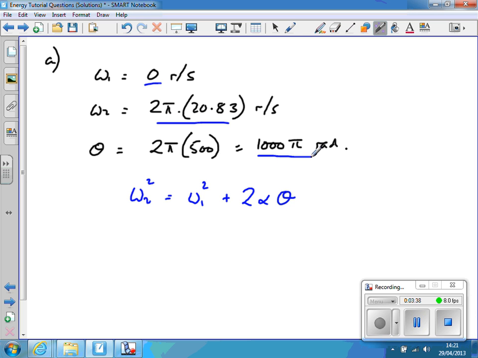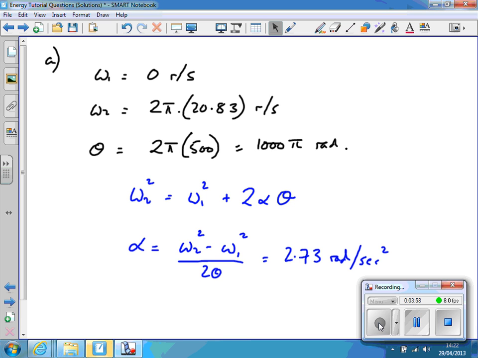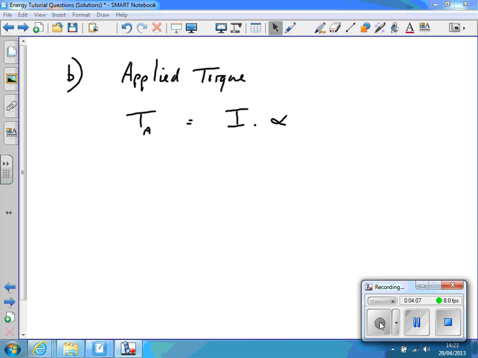So we're looking for a formula that involves omega 1, omega 2, theta, and what we want, which is the angular acceleration. So that particular equation of motion is the one that we want. Rearrange for alpha, and then calculate alpha. See if you can finish that off. You should get that alpha equals 2.73 radians per second squared to 3 significant figures.